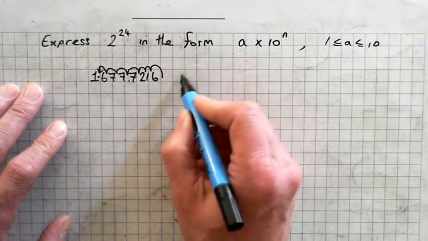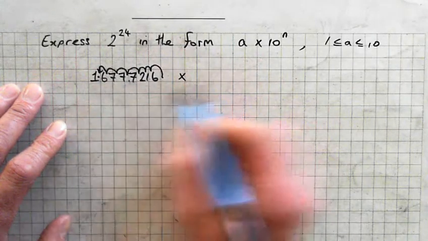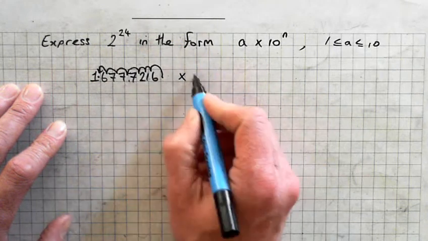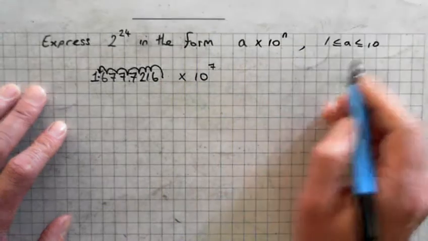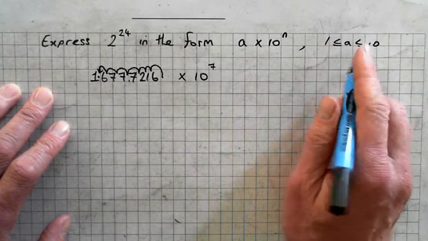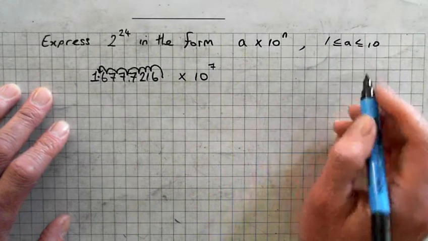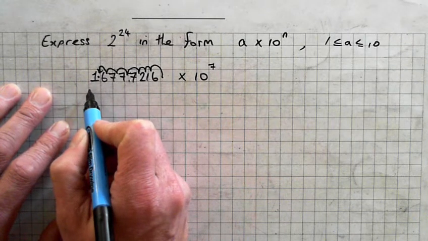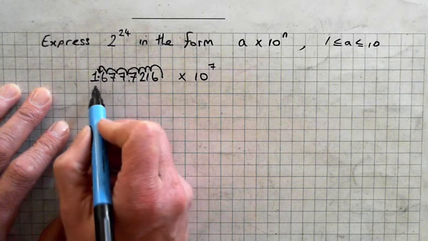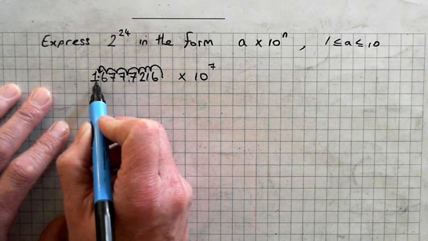So I stop at that point. And I jumped how many spaces? 7. So it's times 10 to the 7. The question also says to 3 significant figures. 3 significant figures means look from the left hand side. That's a significant figure.